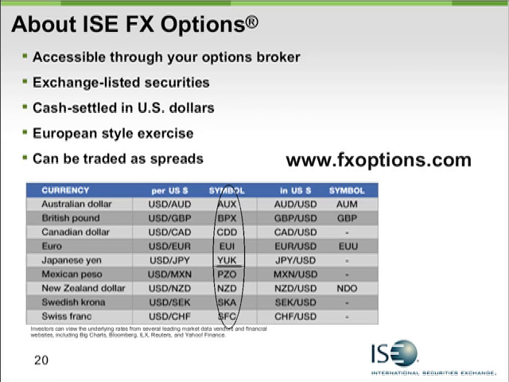I still think a great other technique, as you get more advanced in learning where the best uptrends and the best downtrends are among these various FX options vehicles, is potentially getting some cross trades, where you want to be long the relatively strongest currency and short the relatively weakest, using the options, for example, to buy calls on one side. Say you like the Canadian dollar the best and you really didn't like the euro. Well, you could be long the Canadian CDD calls, and you could also buy the EUI puts, and you could have some kind of cross hedge that way too. So that's another thing to consider over time.